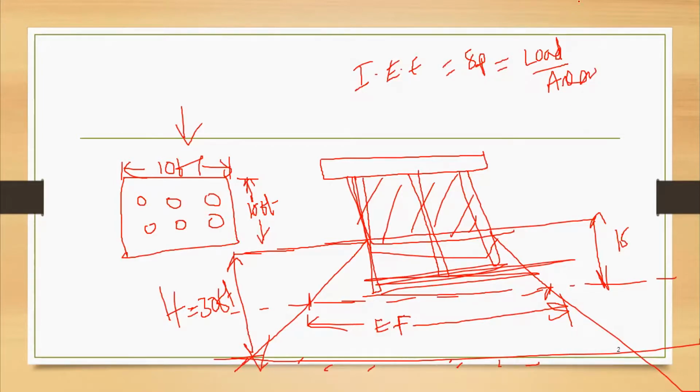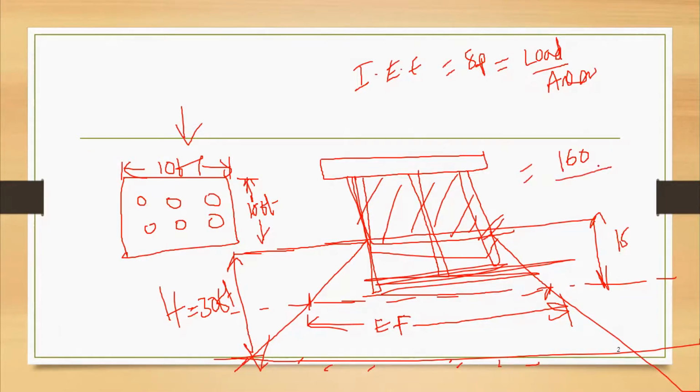Okay, fine. Now the point is very clear here. If you wish to calculate the increase in effective stress from this point to this point, it is very simple: load by area. What is the load? The load acting is 160 kilonewtons on the overall piles. What is the total load?